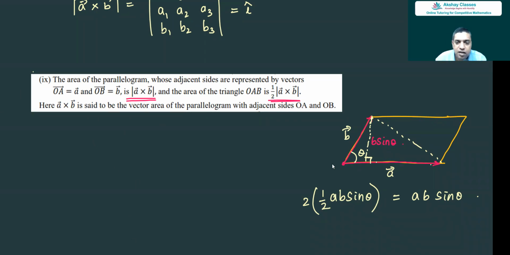Why? Because the direction of the area vector will be perpendicular to the plane of the triangle or the plane of the parallelogram.